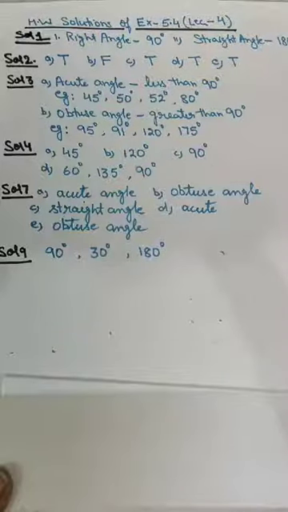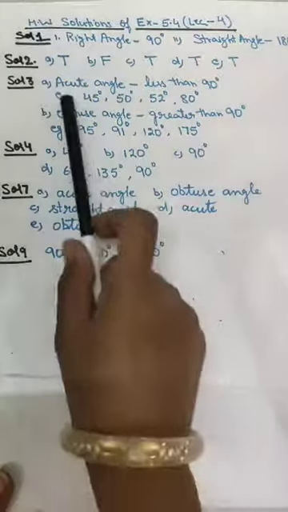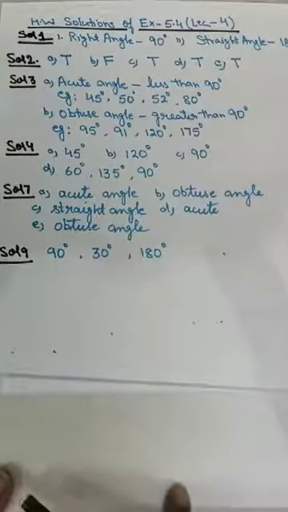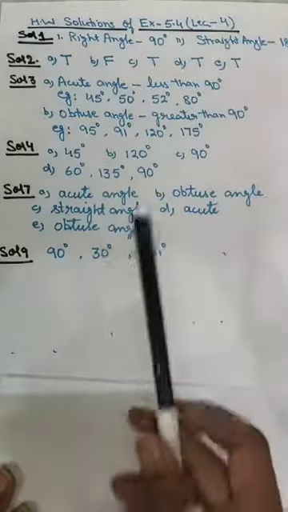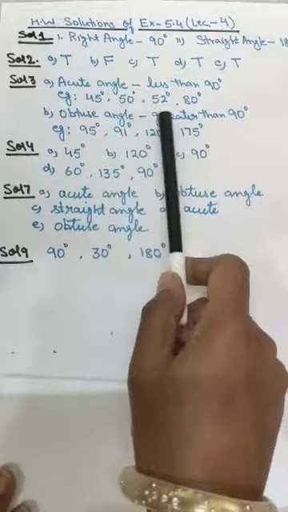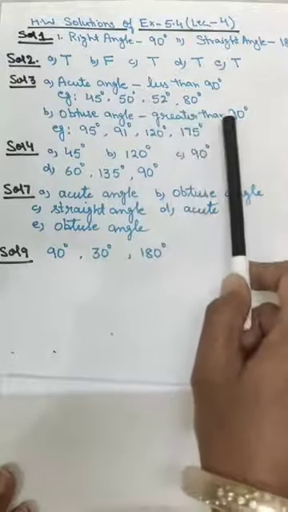This is also true. Question number 3 was, write down the measure of some acute angles and some obtuse angles. See, acute angles are less than 90 degree, so less than 90 degree you can write down any angle. I have written a few: 45 degree, 50 degree, 52 degree, 80 degree, 89 degree even.